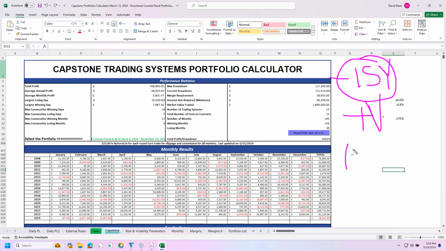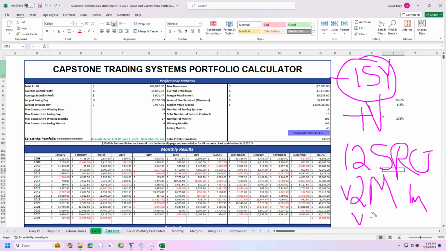And so 12 are SR CounterTrends, the older version of SR CounterTrends that include the V2M 1 minute and then the V2 1 minute. On this setup there are six markets, and six markets on this. So that's 12. It uses the E-mini S&P, the Nasdaq, gold, silver, crude oil, and natural gas.